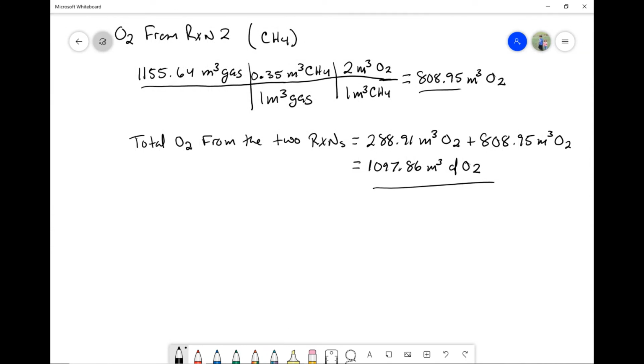we want to get 25% excess. And you can add this in probably at the end. So let's figure out the amount of air.